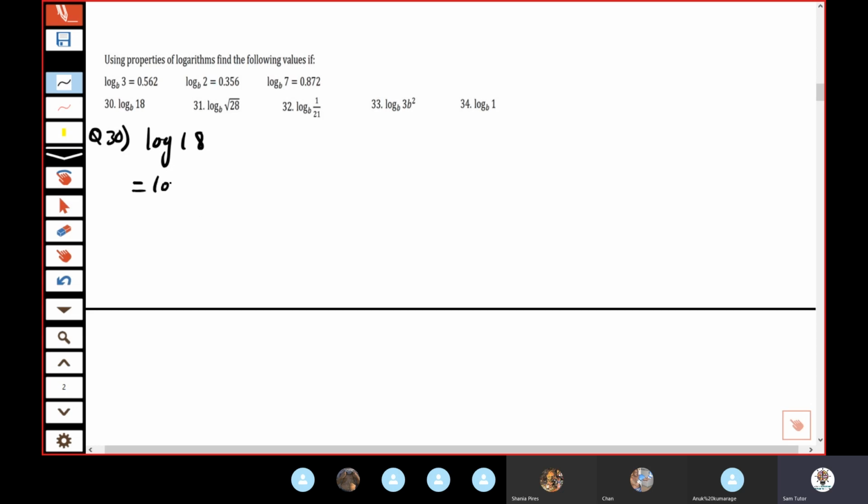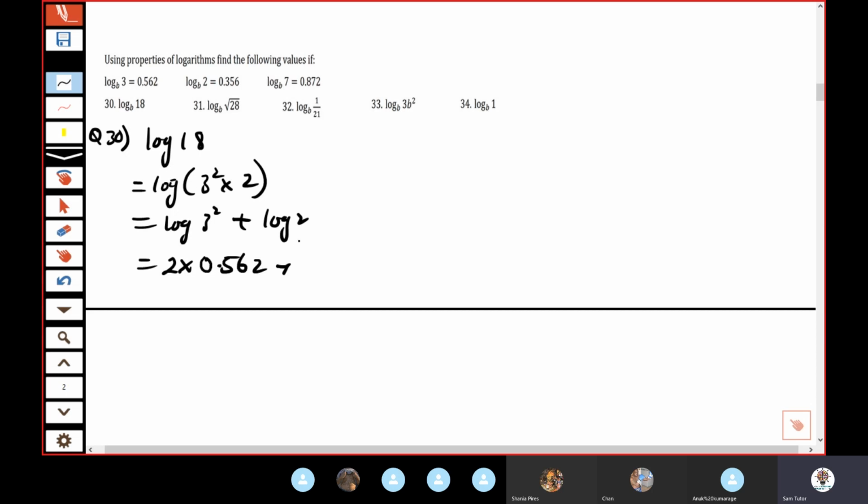So log of 3 squared times 2 is log 3 squared plus log 2. Bring the 2 down. This becomes 2 times log 3 plus log 2. And then you just plug into your calculator.